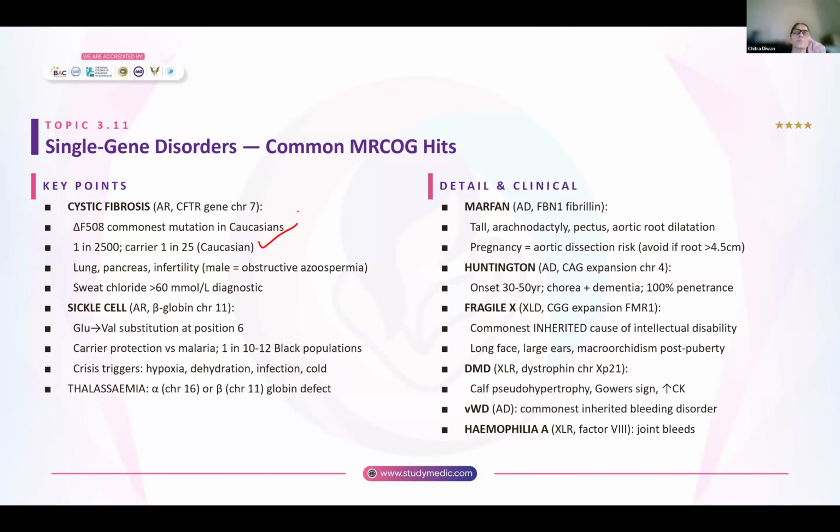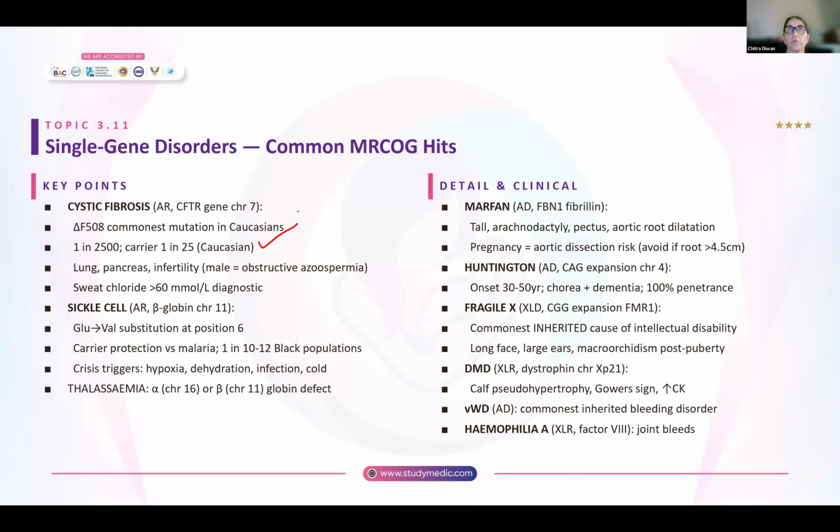So there is only substitution of one amino acid that gives rise to this disorder. The good thing is people who are carriers of sickle cell get protection from malaria, because the cells are smaller in size and the malarial parasite is not able to replicate in the cells. It is seen in about 1 in 10 to 12 of the black population.